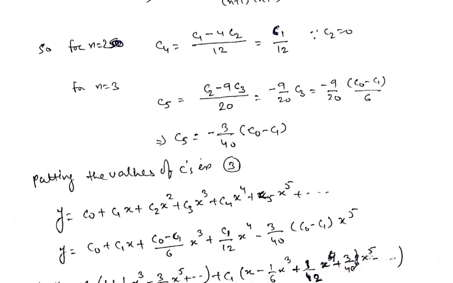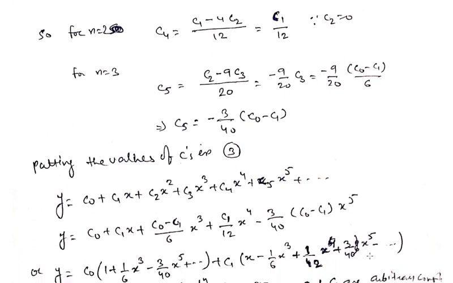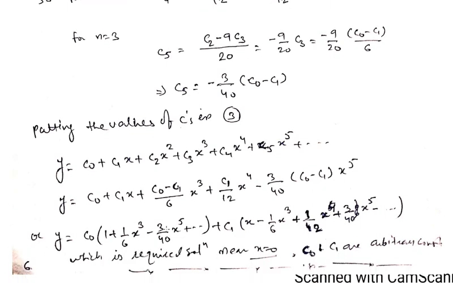Now we'll put the values of c0, c1, c2, c3 in the assumed solution, which is y equals the summation of c_n x^n. As c2 is 0, we put 0 here. We put c3 in terms of c0 and c1, c4 in terms of c1, and c5 in terms of c0 and c1. Now we separate this in terms of c0 and the terms carrying coefficient c1.